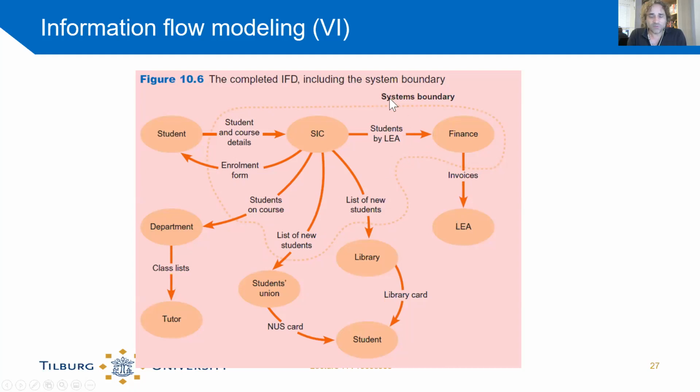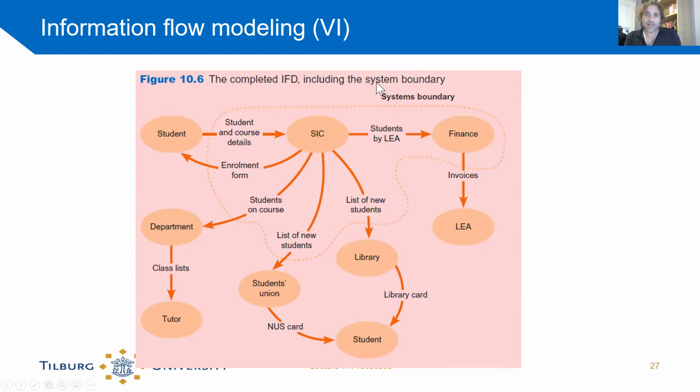Also, if you look at this information flow diagram, you can see there is all kinds of information that needs to be stored somewhere. So we need student details, we need course details, we need to know which students take which course. We need to take care of the grades. We need to make sure that every student has paid their fees, etc. So we need to store and handle a lot of information and data in order to make this all happen.